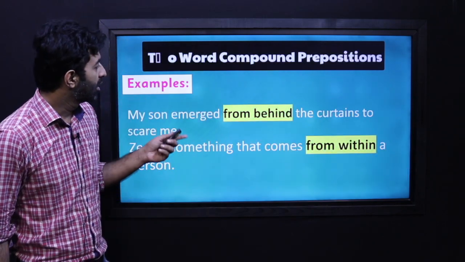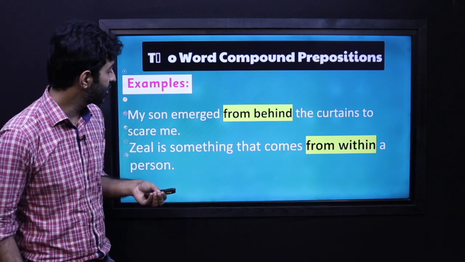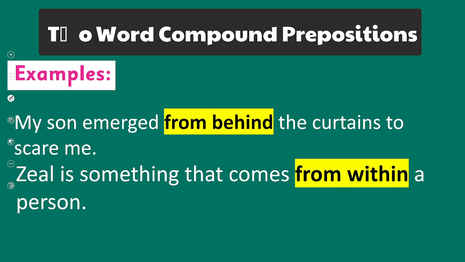All right, let's talk about two-word compound prepositions with some examples. My son emerged from behind the curtains to scare me. Where did he emerge from? From behind the curtains, right? So we are sure about the place and also the movement as well.